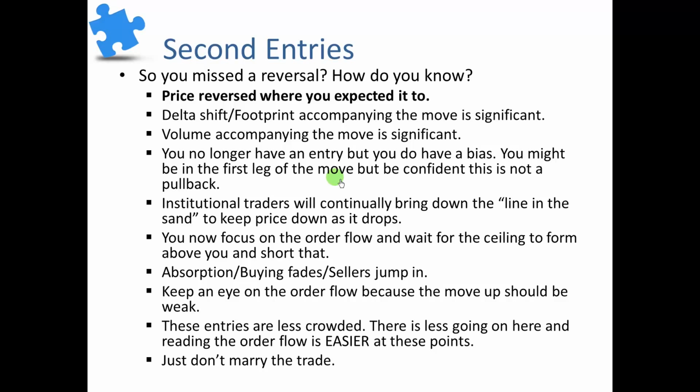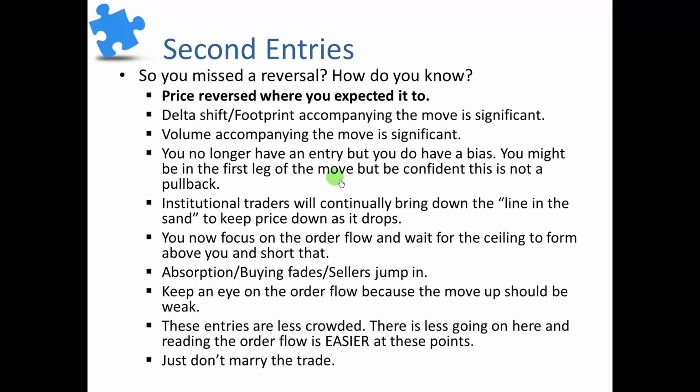So how do you know that the last counter trend move was a reversal and not a pullback? Okay, and I think this is one of the things that you can take away today. You'll find this very useful. Okay, so the things that are going to tell you if that was a reversal or a pullback. First, the move occurred in an area you actually expected a major reversal.